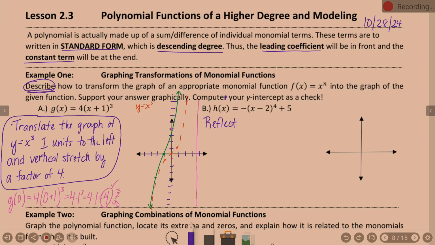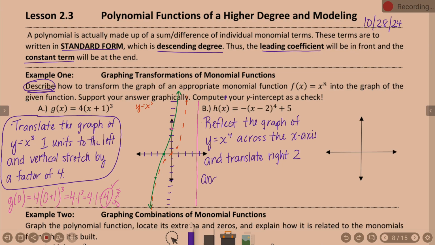We're going to reflect the graph of y equals x to the 4th across the x-axis and translate right 2 and up 5 units.